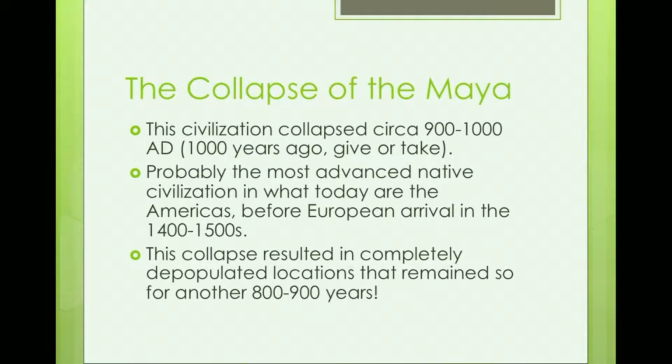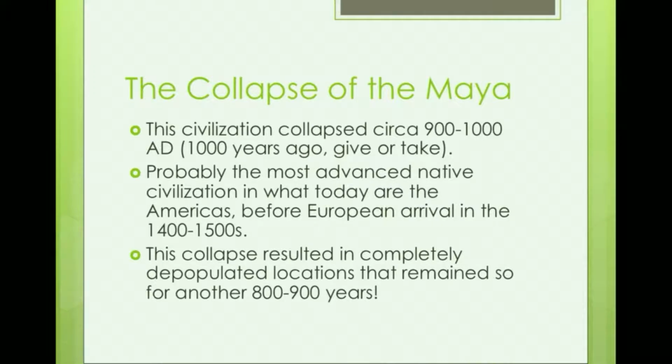What's interesting about this collapse, and if you read about it, and there's a couple of readings I'll suggest, it's a little bit of a mystery. There have been several explanations proposed, but because there was very little evidence, it's been difficult to prove any of these theories.